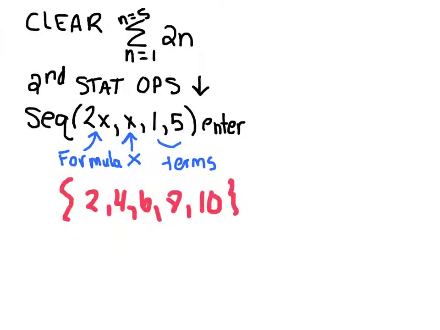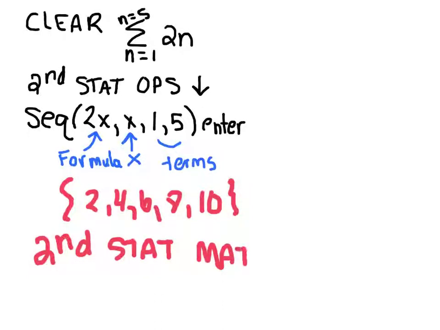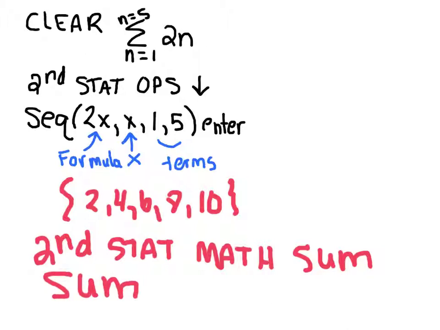And now if you want the calculator to add this all up, you're going to type in second stat one more time. This time you're going to arrow over to math, arrow down to sum, and you're going to have the calculator type the sum, and it's going to have parentheses right here.